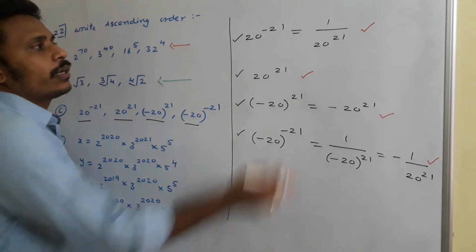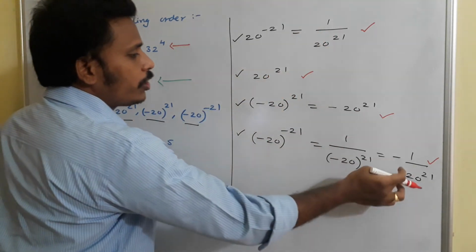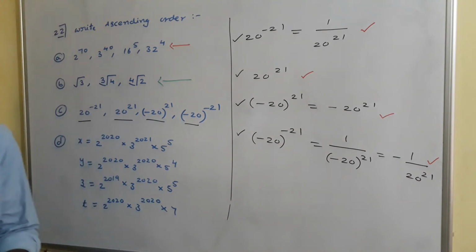And one more thing: these two are positive numbers, and since minus is involved, these two are negative. Is it clear? First two are positive and next two are negative.